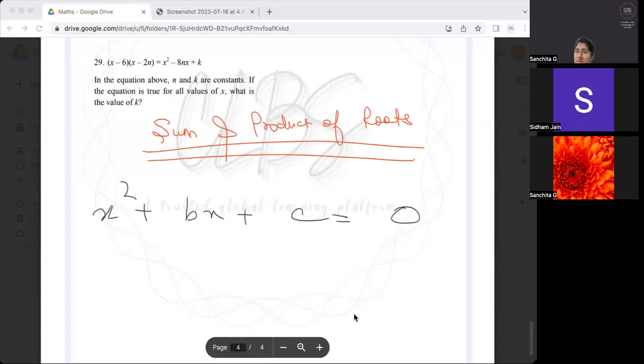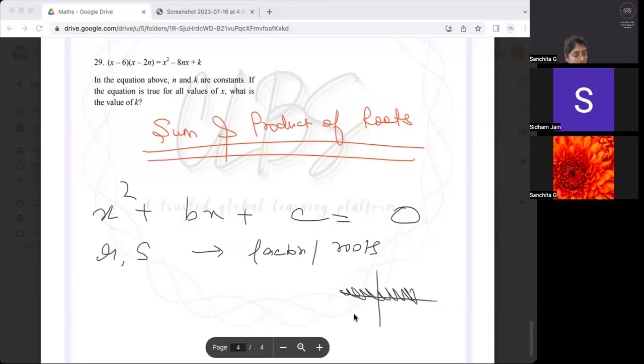Suppose my question is saying that, hey, R and S are factors, or maybe they have mentioned it as roots of this equation. R and S are roots. If you plug in R and S, your value will be 0. That is what you mean by factors. Y will be 0, because in the x-intercept, y is 0. So you plug in R and S, and the entire equation becomes 0.